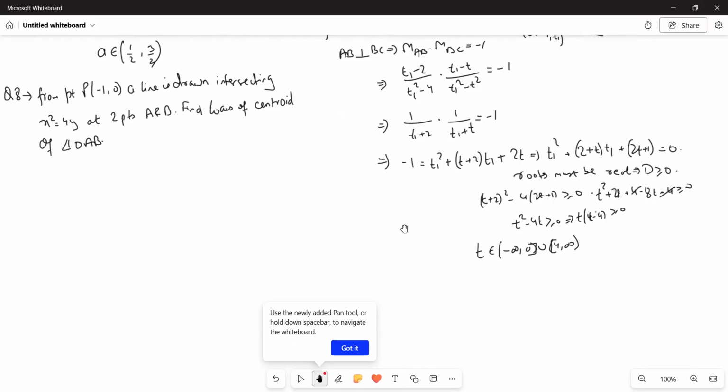From a point P (−1, 0), a line is drawn intersecting the parabola x² = 4y at 2 points A and B. Find the locus of the centroid of the triangle OAB.